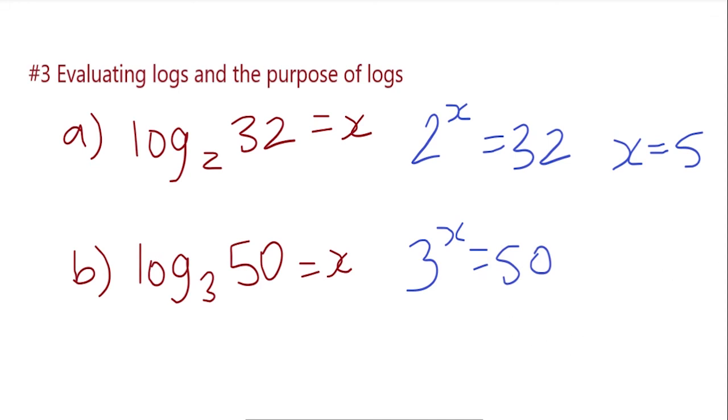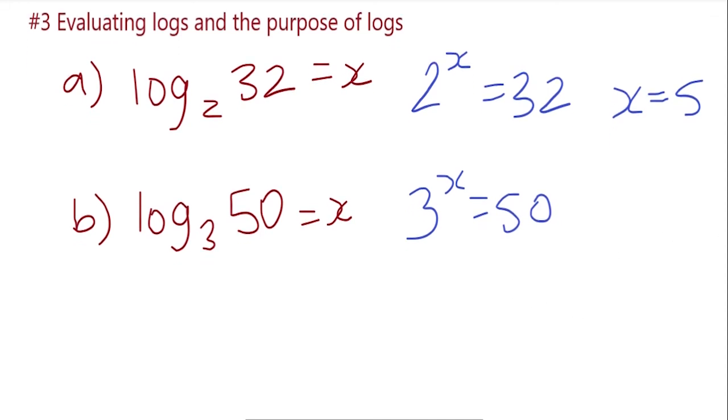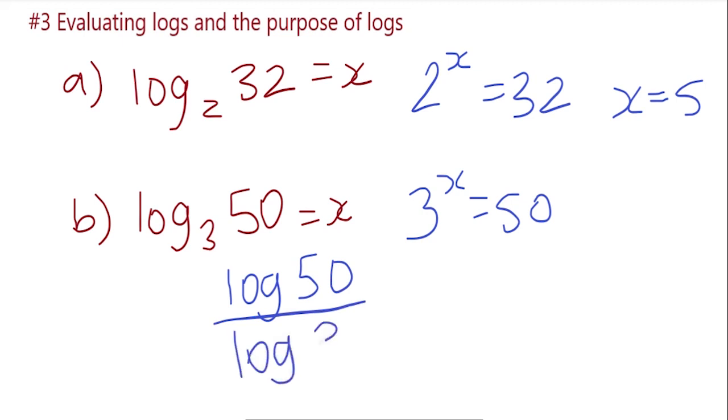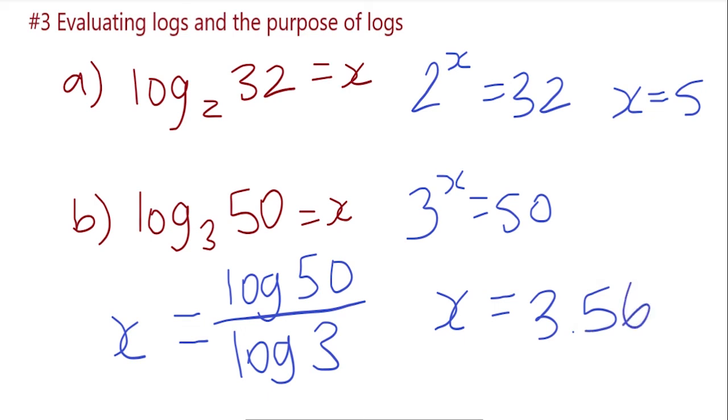So what we're going to do instead is go log 50 over log 3 to get what is equal to x. So you can just plug that in your calculator, and you'll get a few decimal places, so 3.56. And that is your x value, approximately, right?